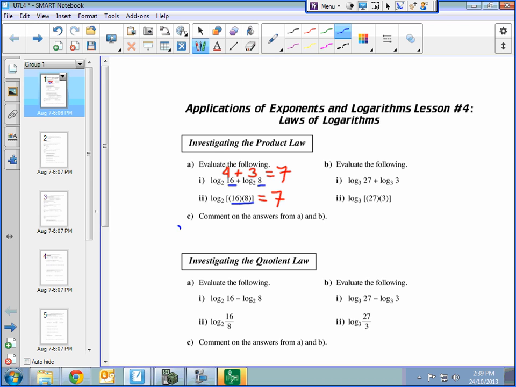So in part A, what can we say? W with the line above it just means with, guys. W with the line above means with, same base. You can just multiply the arguments.